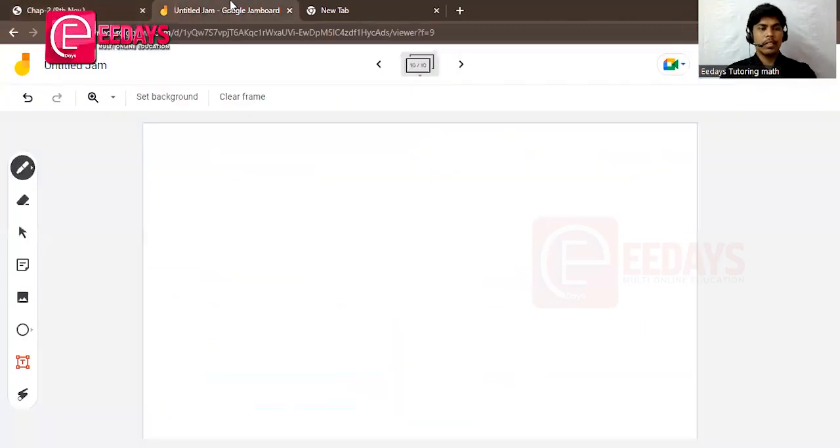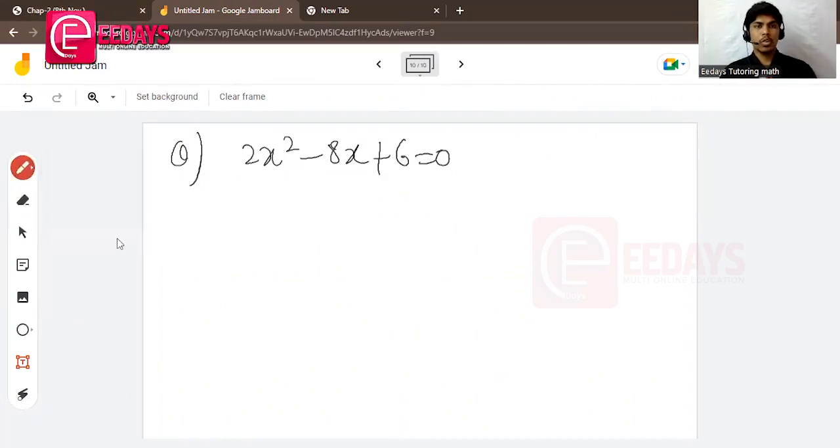Let's try with one question: 2x square minus 8x plus 6 is equal to 0. I'll explain step by step, for those who don't know how to do splitting the middle term. First, you write the a, b, c values.